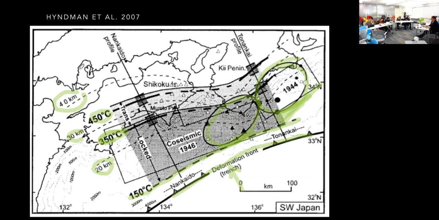And when they do that, we hit the limit of brittle behavior, which approximately corresponds to the down dip limit of these rupture patches. So this is without changing rocks to explain the down dip limit. We have a direct thermal control that changes the rock properties that limits the size of the earthquakes that happen there.